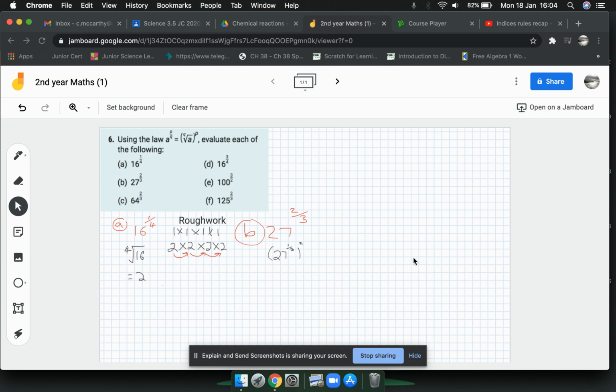And the reason I can write it like that is because we encountered this rule before, where if I have, say for example, 5 to the power of 2 to the power of 3, when I try to simplify that, I have to multiply the two indices together, and I end up with 5 to the power of 6. Ignoring the answer here, the rule I want you to remember is that when you have a number with an index, and then there's an index on the outside, you have to multiply the two indices together, and you'll end up with 5 to the power of 6.